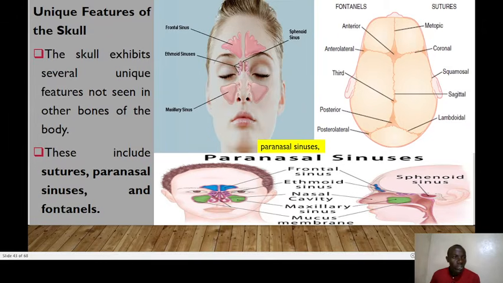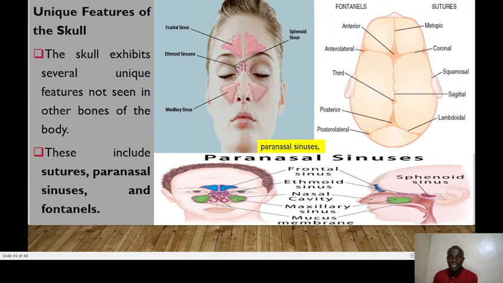The skull exhibits several unique features not seen in other bones. They include sutures, paranasal sinuses, and fontanelles. The paranasal sinuses we normally abbreviate as the MEFS: maxillary, ethmoid, frontal, and sphenoid.